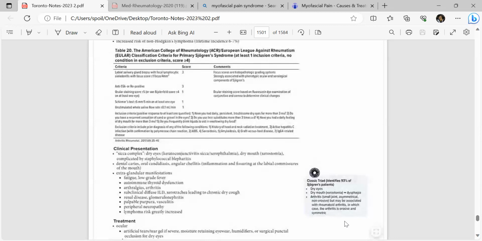Okay, if it's not associated with rheumatoid, then it will be asymmetric and non-erosive. But if it's associated with rheumatoid, then it will be erosive and symmetric. And the triad is dry eyes, dry mouth, arthritis, and known as sicca complex also, dry eyes, dry mouth, which is complicated by staphylococcal blepharitis, that is the infection of the eye.